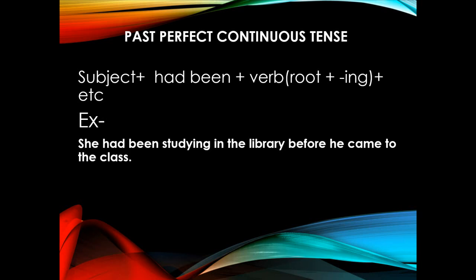It is constructed using this structure: subject plus had been plus verb in present participle form, that means verb in root form plus ing, plus etc. For example, she had been studying in the library before he came to the class.